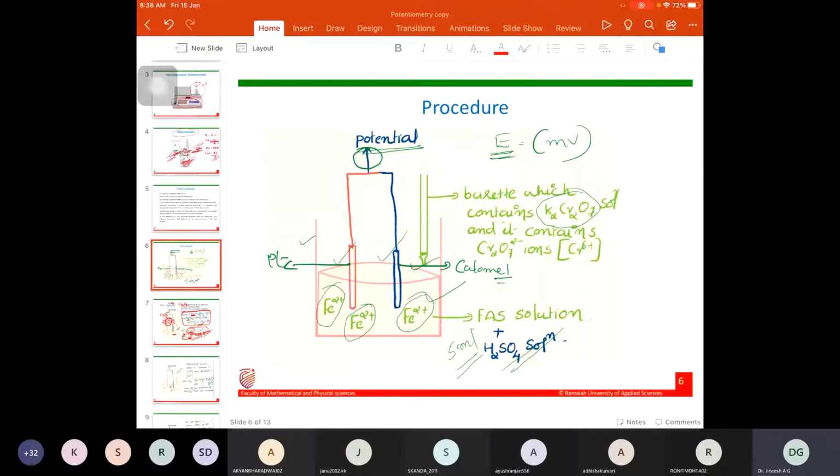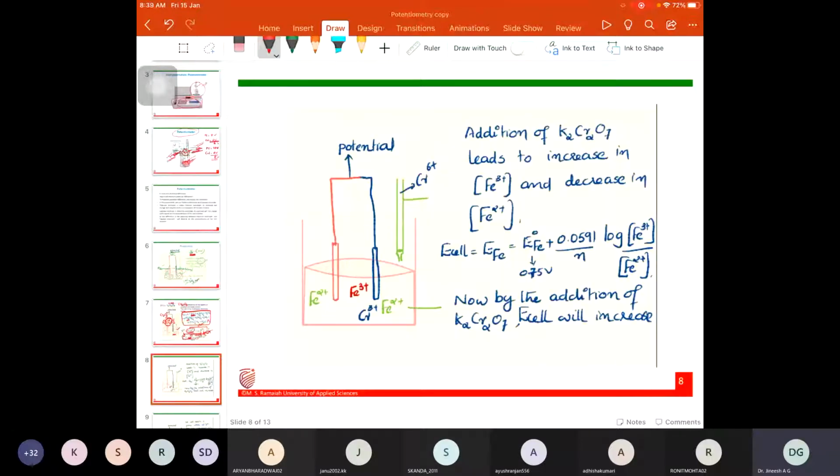Second step, we are going to add 0.5 ml of potassium dichromate through the burette. When that 0.5 ml of potassium dichromate solution reacts with the ferrous ammonium sulfate solution, some of the Fe2+ ions will be converted into Fe3+ ions.